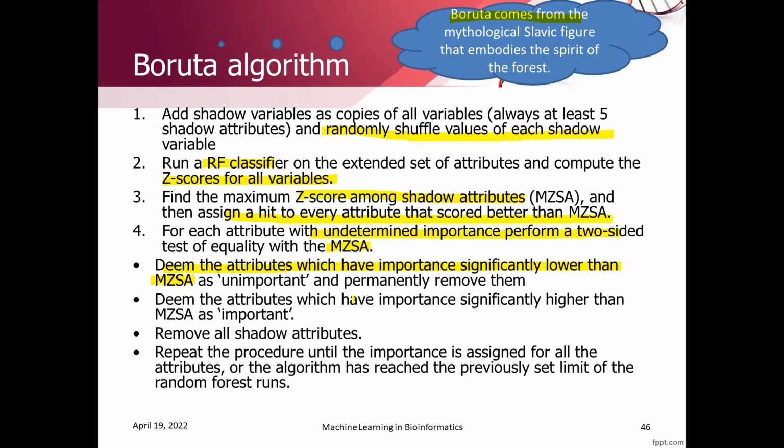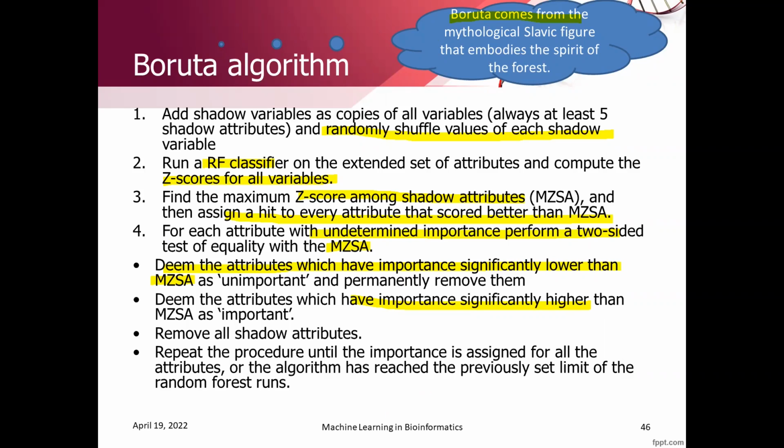Attributes which have importance significantly higher, we assign as the important attributes, and then we have a reduced set of attributes, because we removed all the unimportant variables.